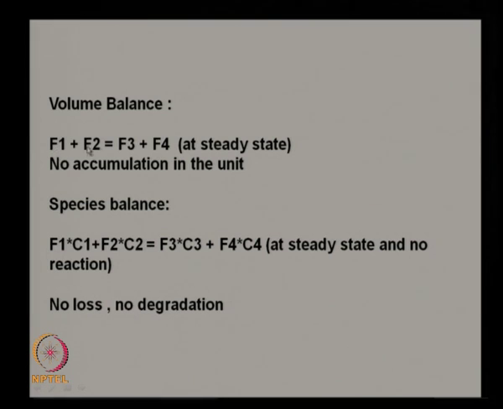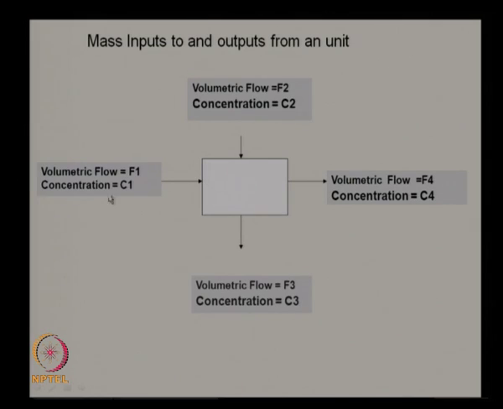So if you know F1, F2, knowing one stream quantity, you can calculate the other stream quantity, that is called the volume balance. Similarly you can do a species balance, that means you know that F1 contains C1 concentration, F2 contains C2 concentration, F3 contains C3 concentration, F4 contains C4 concentration.